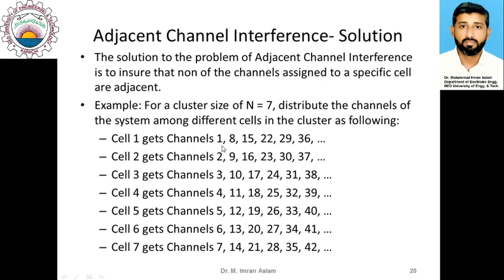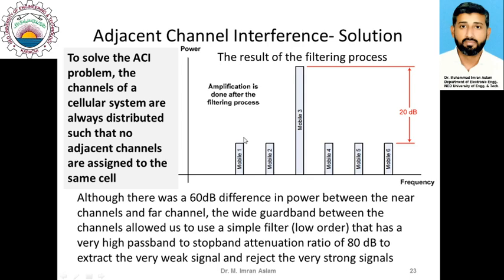The channels are allocated in such a way that the adjacent channels are not allocated in the same cell. So if a channel is allocated to cell number 1, the second channel would be allocated to other cells, and the next channel to another cell, so that two channels in the same cell are separated by a wide frequency band. This wide frequency band allows us to use even low order filters to extract the signals with high efficiency.